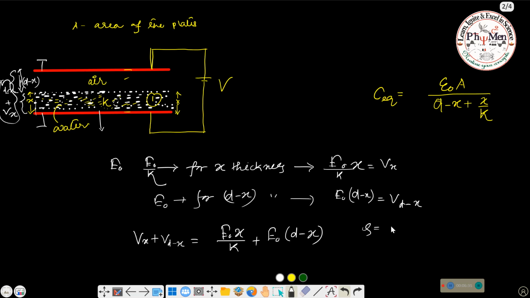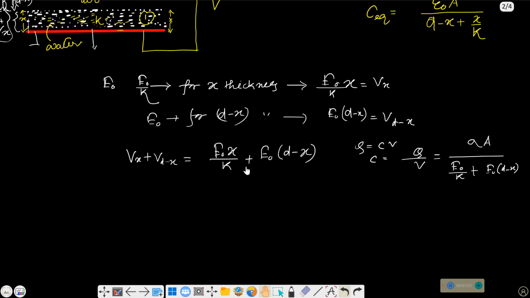We know that Q is equal to CV, so C is equal to Q by V. Now if we put these values here, for V I can put E naught x by K plus E naught d minus x, and for Q we can put sigma into A, where sigma is the charge density.